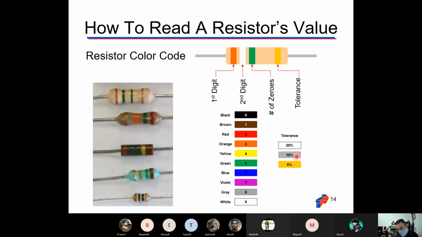Red, black, black, brown. No, that's a 5. Red, black, black, brown would be 2, 0, 0, and 1, 0, which would be 2K, which is what that is. Yeah, 2K.